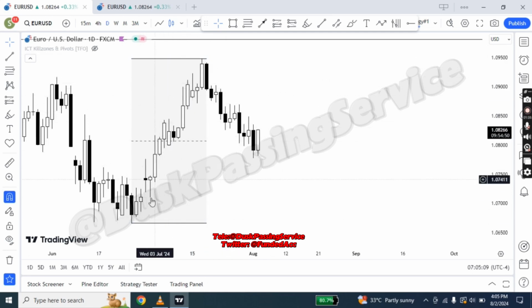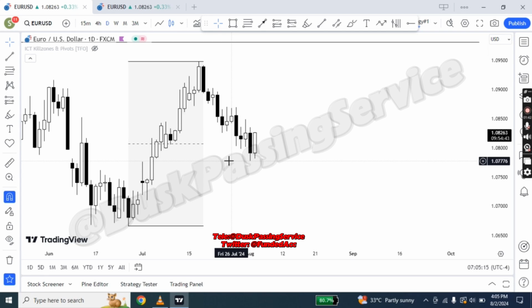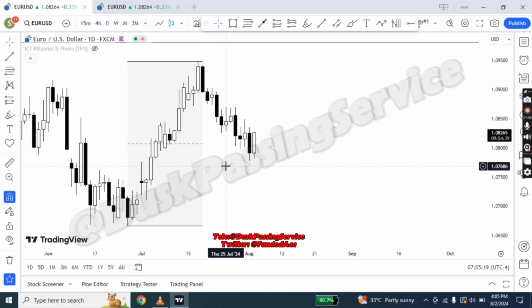So inside this bullish dealing range, we'll have both discount and premium regions, and each will have their own respective key levels. Now, if you remember the previous chapters about dealing ranges, then you'd know what type of reaction each key level offers depending upon their position inside this dealing range.